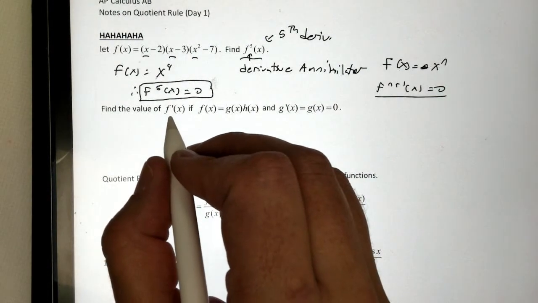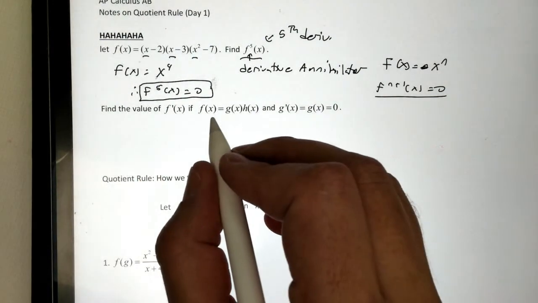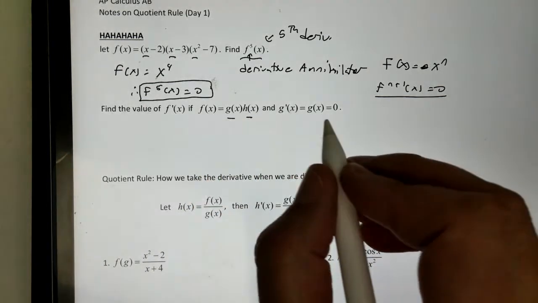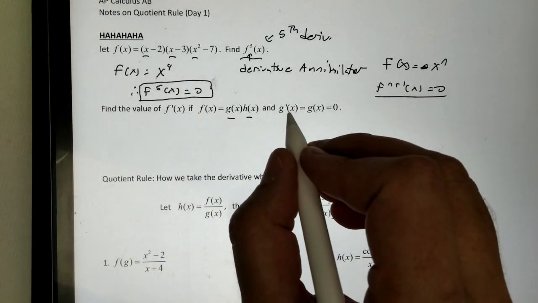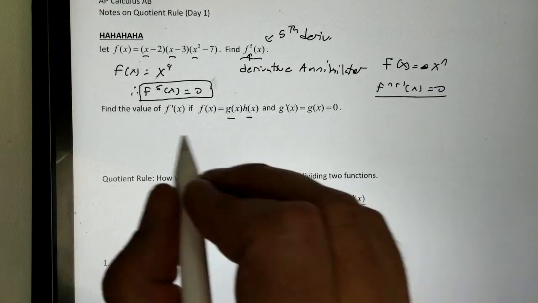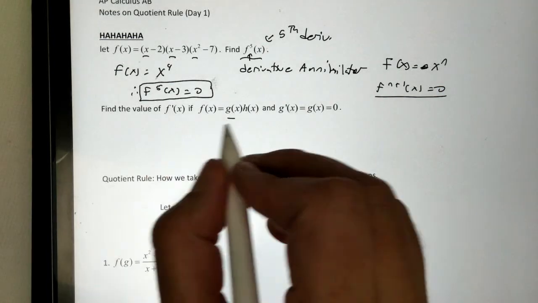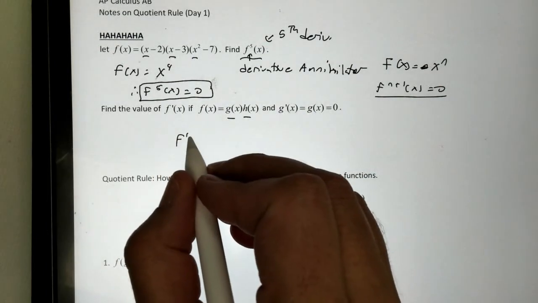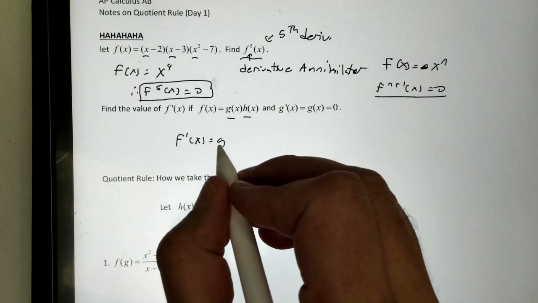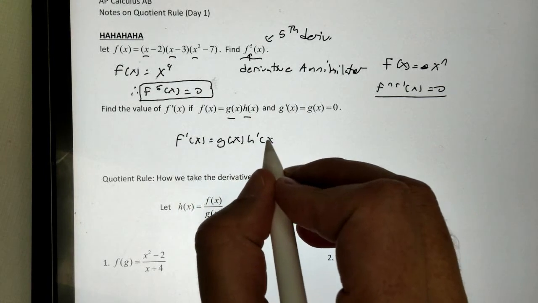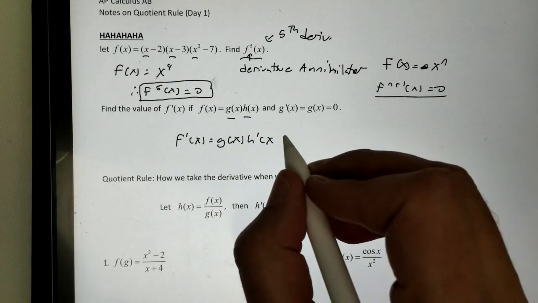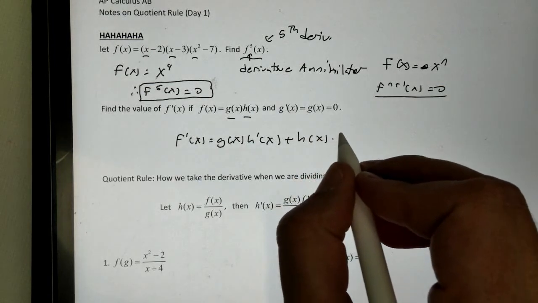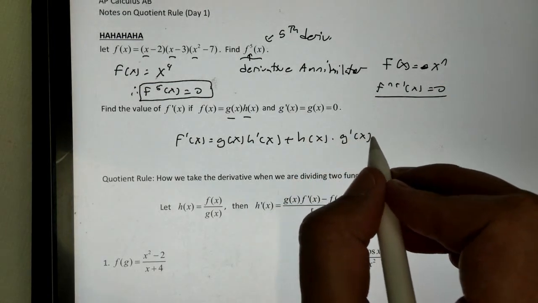This says find the value of the first derivative, and we're given f of x is g of x times h of x, and we're told that g prime of x and g of x are both equal to 0. So we want to find that derivative. When we apply the product rule, we get g of x times h prime of x, the first times the derivative of the second, plus the second times the derivative of the first, h of x times g prime of x.